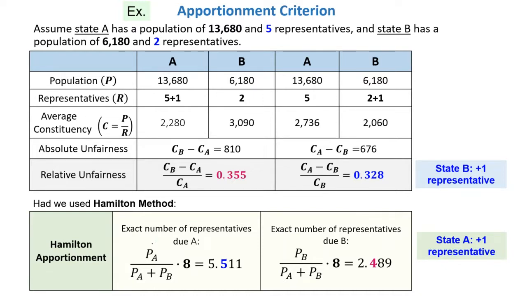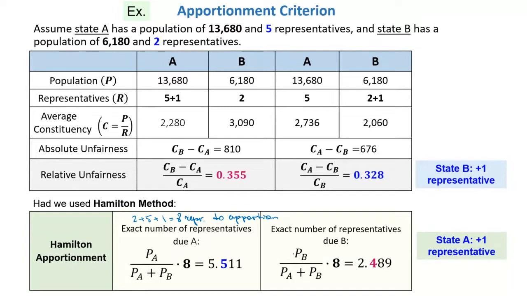Remember, by Hamilton, first we find the fraction of the population, so the population of A divided by the total population, and multiply by the total number of representatives. So we have 2 plus 5 plus 1, 8 representatives to apportion. So that's why we multiply this fraction by 8, 5.511.